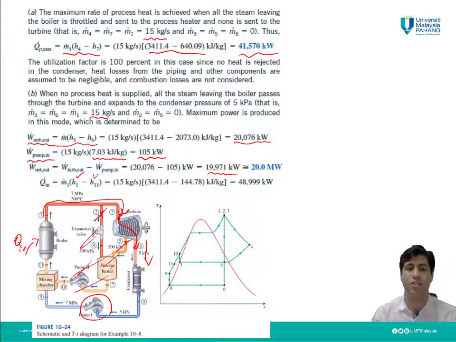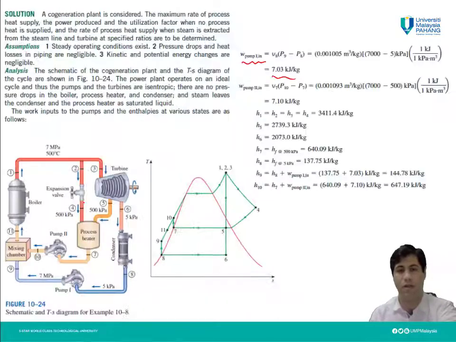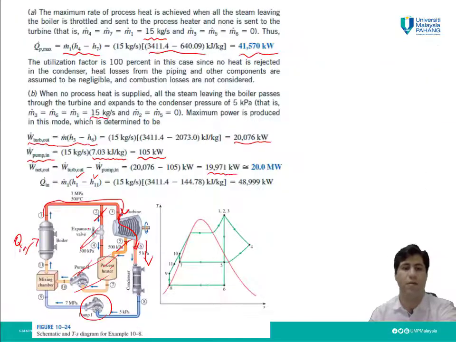We have h1, and h11 we have already calculated in the previous slide. We know all of the mass flow rate goes to the boiler, so we have m dot 1, h1 and h11. Then we can calculate Q dot in to the cycle.